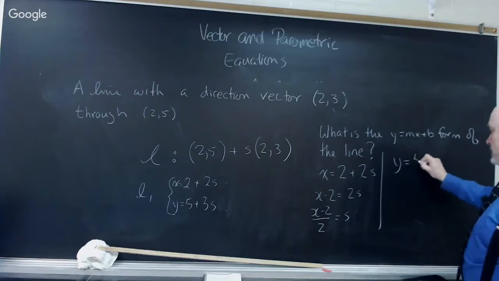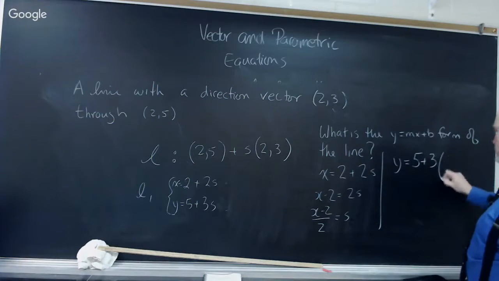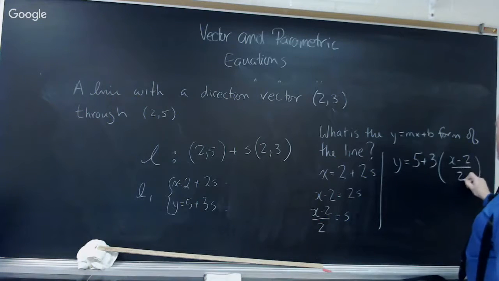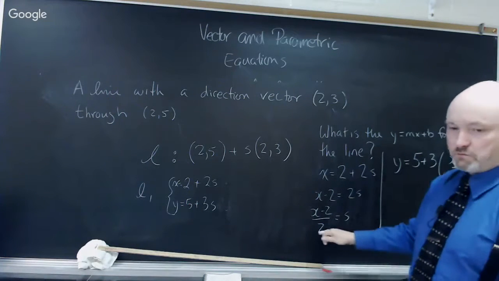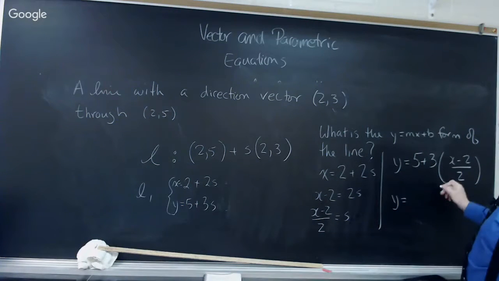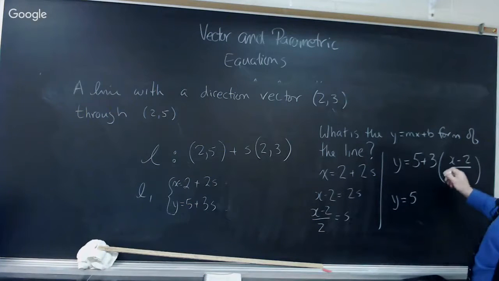So I'm going to say y is equal to 5 plus 3 times x minus 2 over 2, because that was my s. And now I'm just going to simplify until I get it into y equals mx plus b notation.